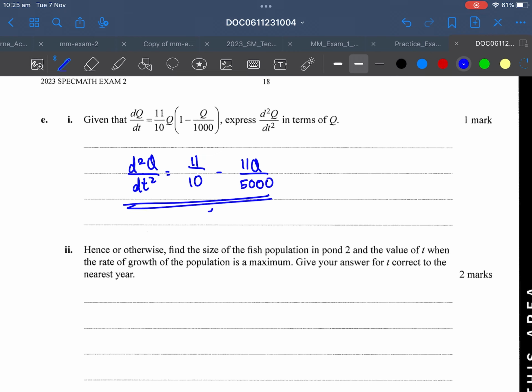Hence, or otherwise, find the size of the fish population in pond 2 and the value of t when the rate of growth of population is at maximum. Give your answer for t correct to the nearest year.